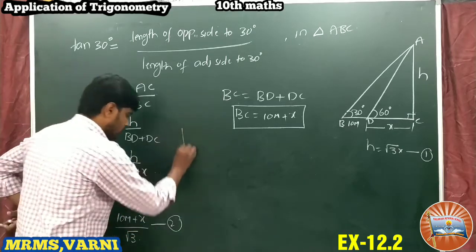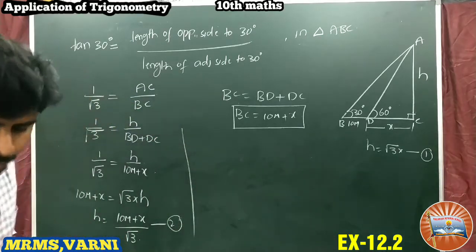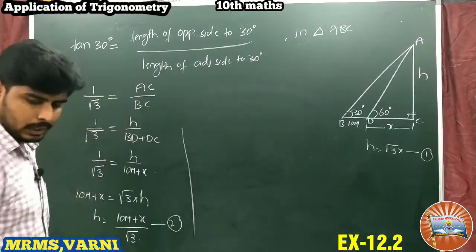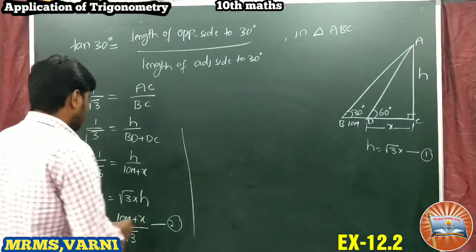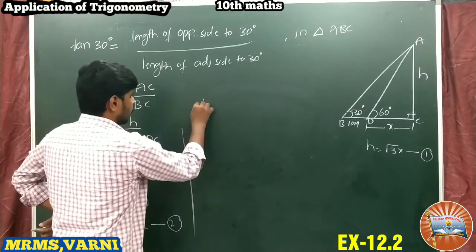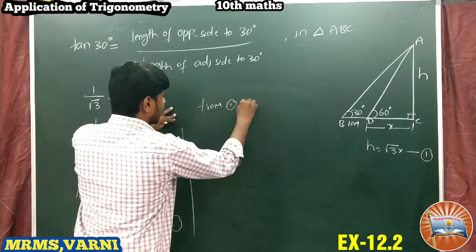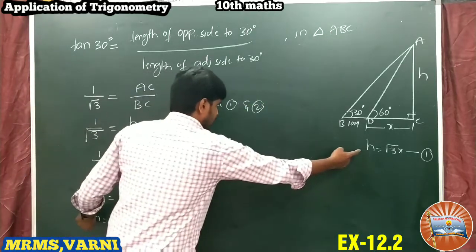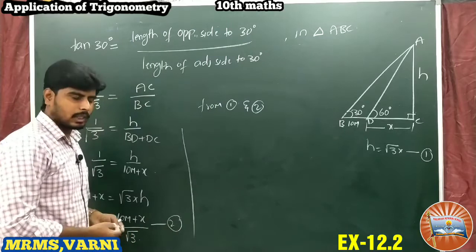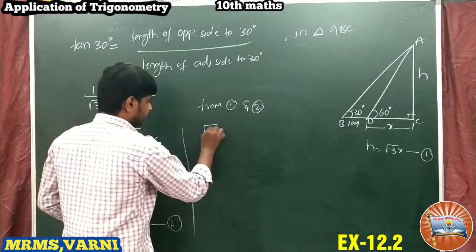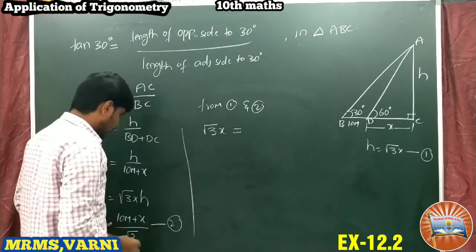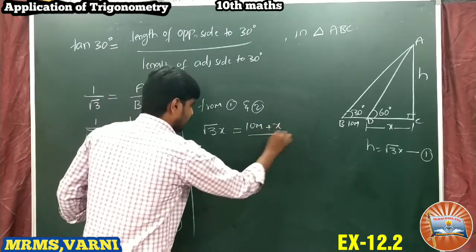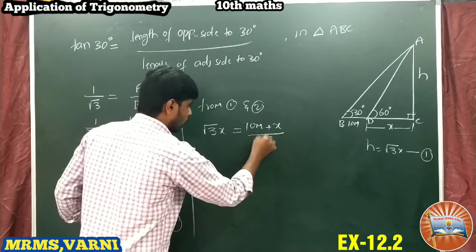Right, consider it is equation 2. So compare the equation 1 and 2. So h value we got two values here. From 1 and 2, what we can write? Both the LHS are same. We can equal the RHS part also. That is nothing but root 3x is equals to 10 meters plus x by root 3.